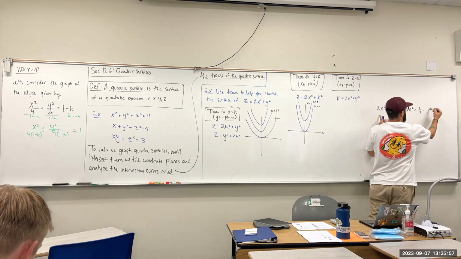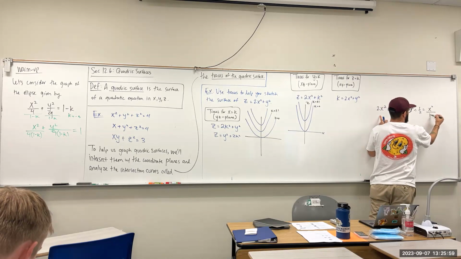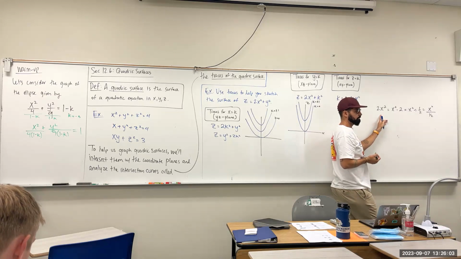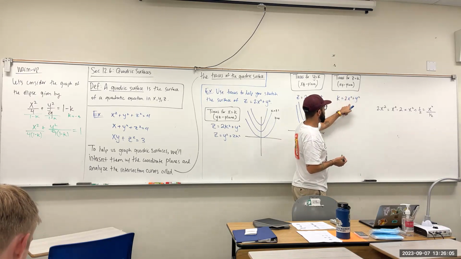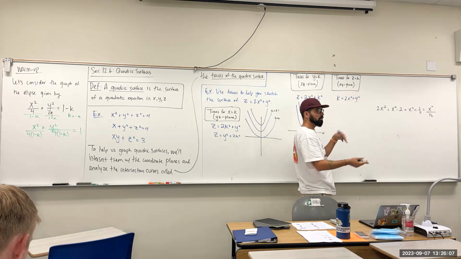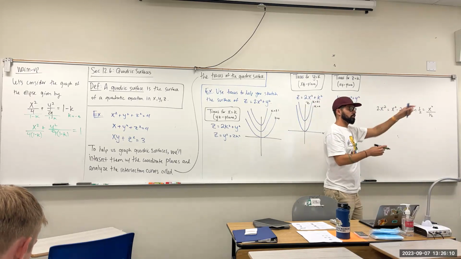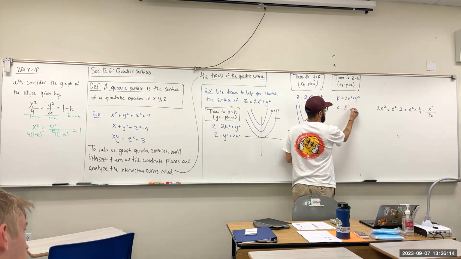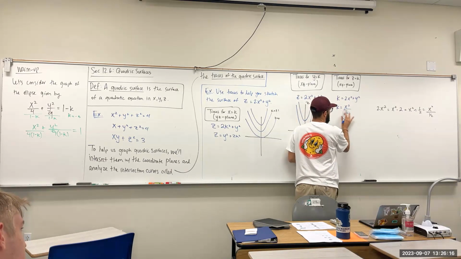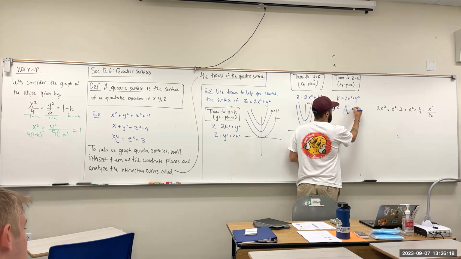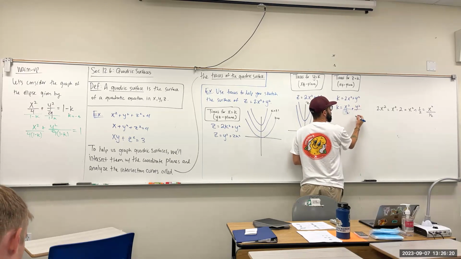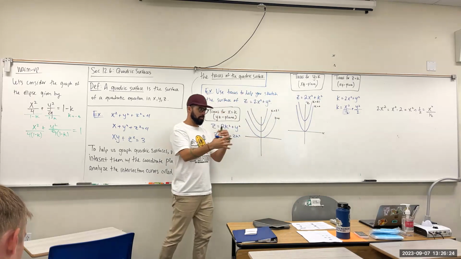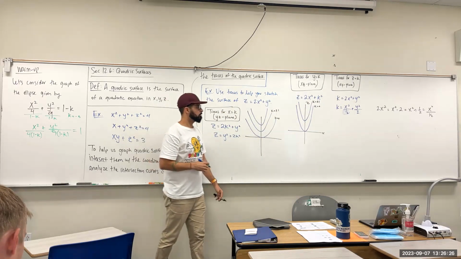So I can rewrite it like this. To bring this 2 down, I'm going to undo that reciprocal property of fractions, and then this becomes 1/2. So I make it look like an ellipse. This is just a 1. That way it starts having that form of the ellipse.